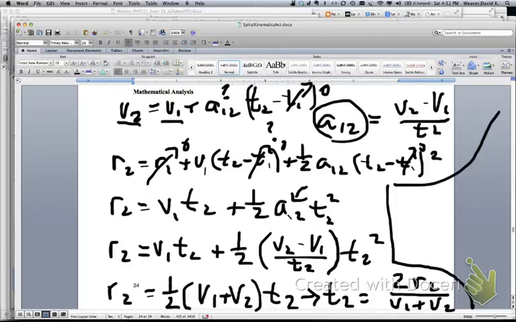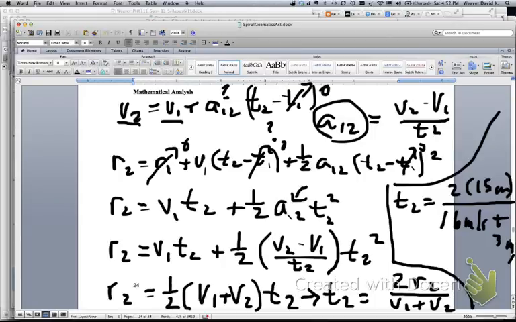Anyways, 2 times 15 meters, over, if I remember correctly, it was 16 meters per second, and then 3 meters per second, which would be 19, we'll call it 20.